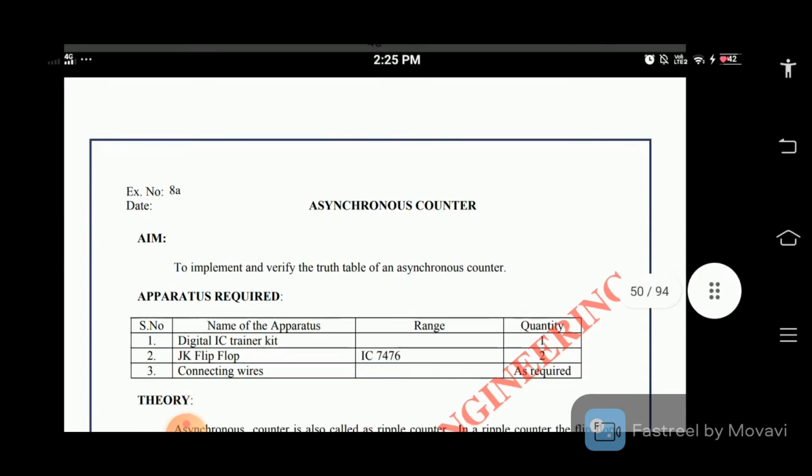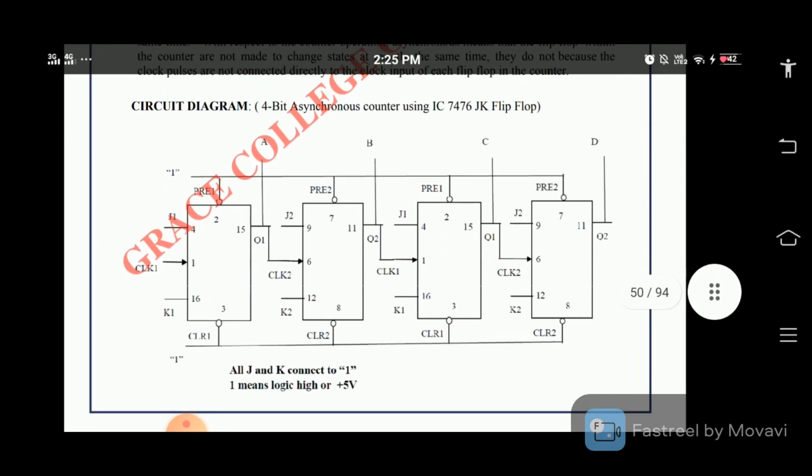So let me enter into the circuit diagram. Here we have the clear pin, the clock, and the J and K pins. For the J and K pins we need to provide inputs, and we also need to give clock pulses, and clear also we need to give.